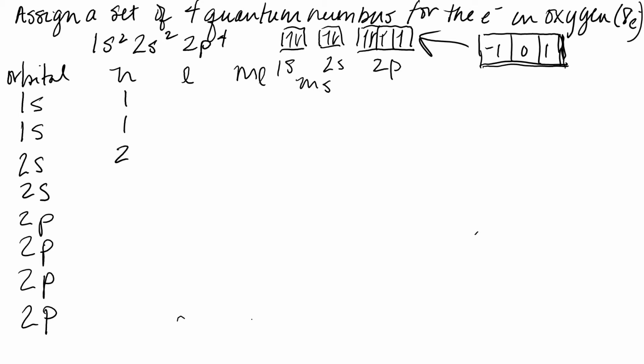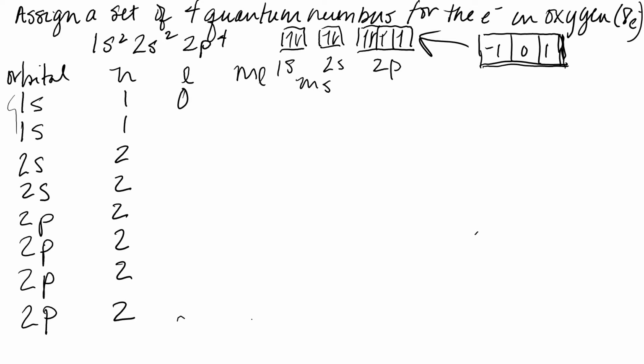So this is 2. All of these are 2s. These 6 electrons are in the same principal energy level. These 2 electrons are in the same principal energy level. And they're also in the s orbital.